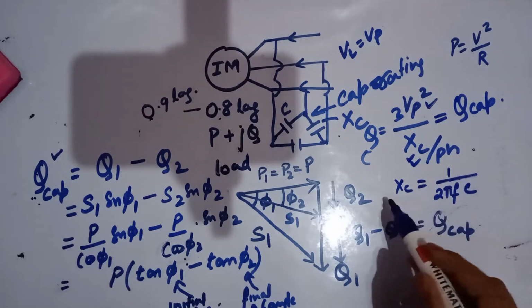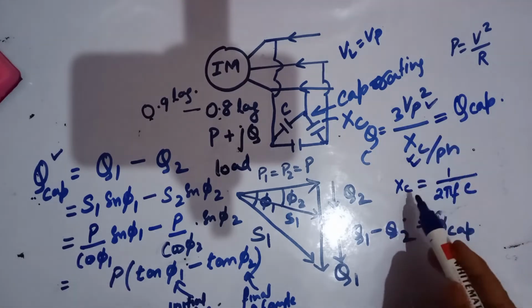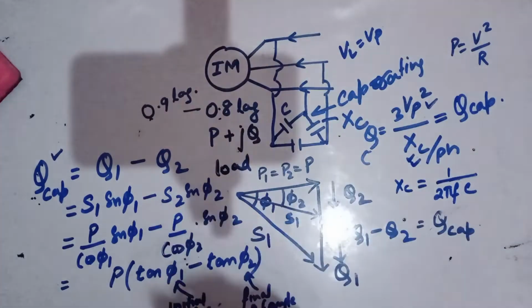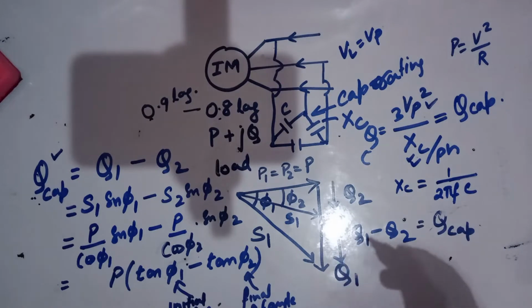If you calculate Xc and put it here, you will get the value of the capacitance, the rating of capacitance. So we'll do one numerical, and then we'll see how we can practice something.